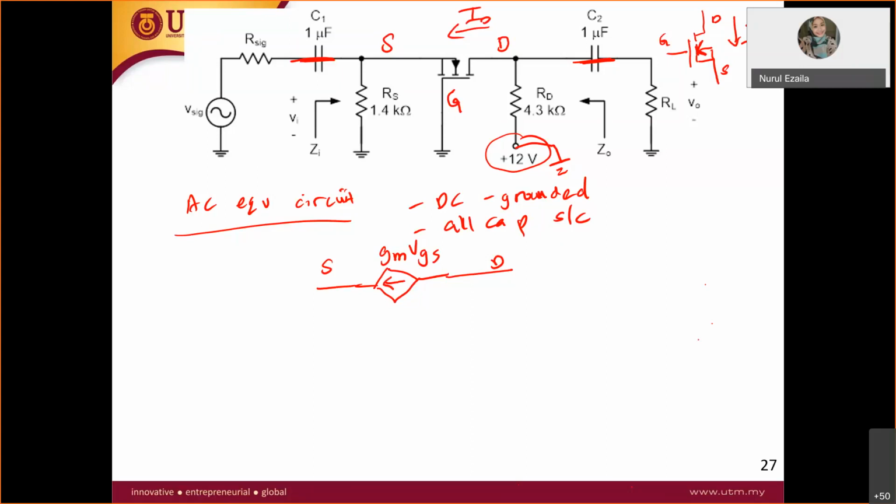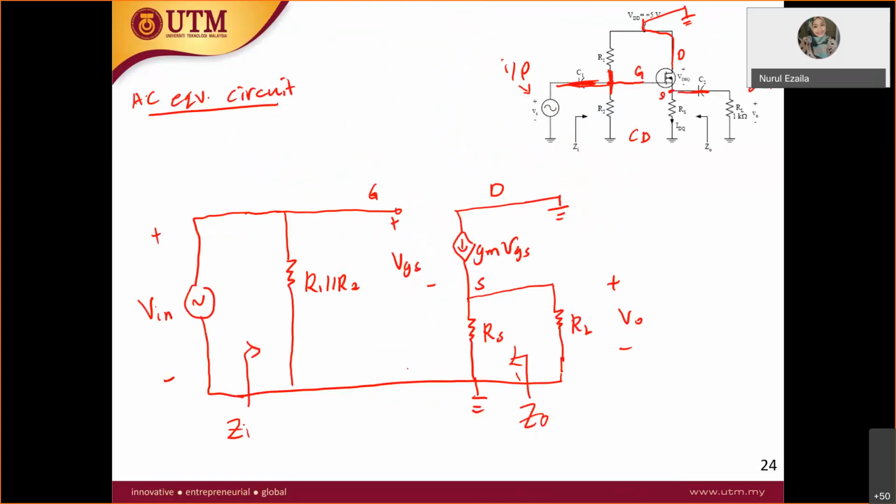Now for your gate, you have no resistor over here, so it goes straight to the ground. Therefore your gate here is to the ground. And not to forget, you have to put your VGS. Remember that since this is N channel, plus at gate, negative at source, same as what we have done in the previous slide.